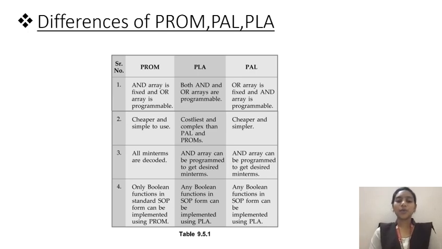Next, in PROM, only Boolean functions in standard SOP form can be implemented. In PLA, any Boolean function in SOP form can be implemented. And in PAL, any Boolean function in SOP can be implemented. So there are many more differences among these three. These are some of the points.